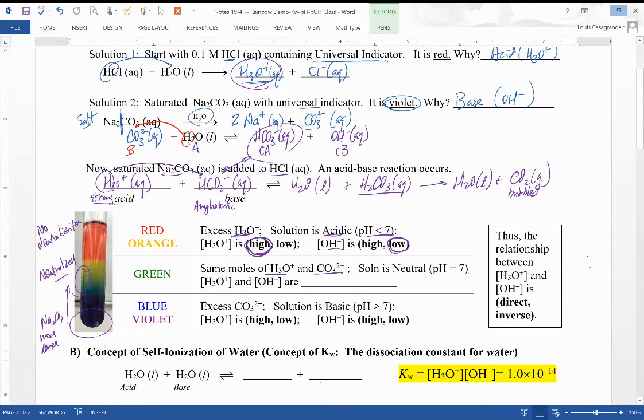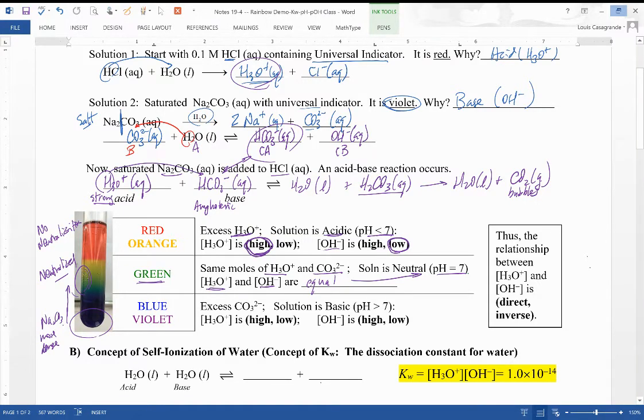So we have a neutral pH, a pH of 7, and in this case, right where it's green, we have the concentrations of the hydronium ion and the hydroxide ion being equal. And that's going to be our definition for what a neutral solution is.